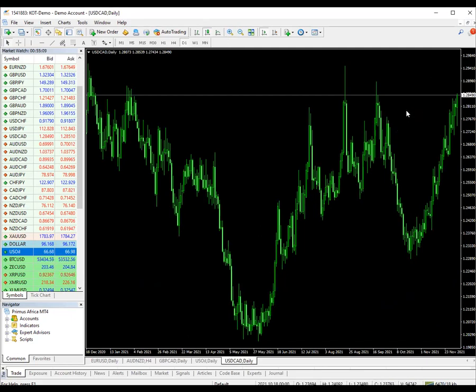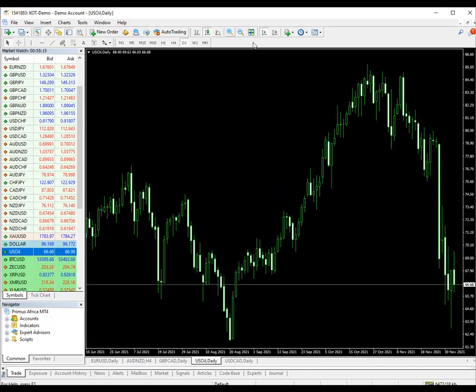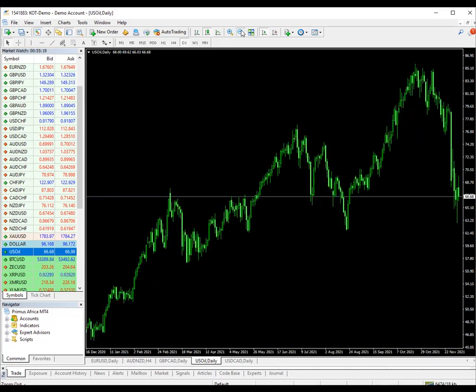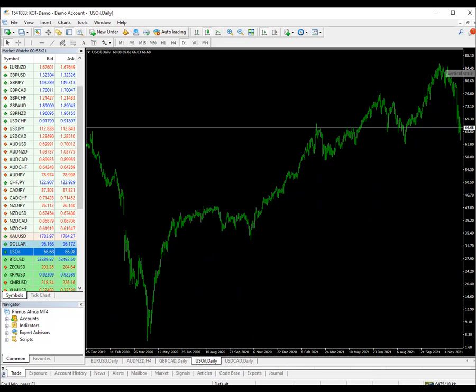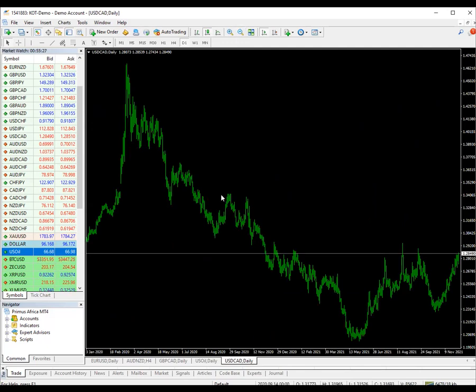Crude oil is beginning to fall down here, coming down. But if you look at the general overall picture, crude oil has been up. USD CAD has been down. So they move in opposite direction.